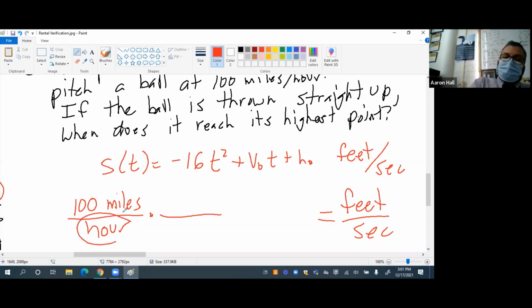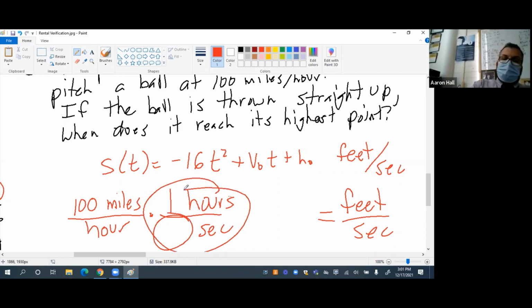If I want to cancel hours in the denominator, then with my new ratio, hours needs to be where? In the numerator. So hours. And if I'm trying to convert to seconds, then I'm going to put seconds down here. So what's the conversion? 1 hour equals what?